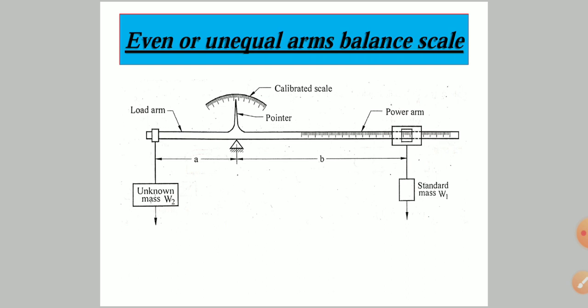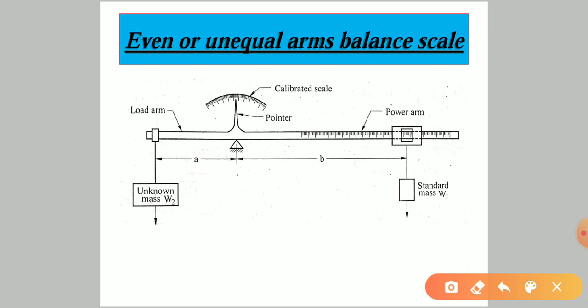Suppose we wanted to measure 100 kg, then we would require a 100 kg weight to balance. If we want 50 kg, then we will require a 50 kg weight. Due to that, the number of standard weights becomes large. So to overcome this disadvantage, the unequal arm beam balance as shown in the figure can be used.